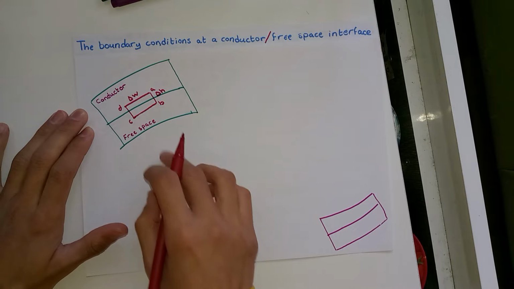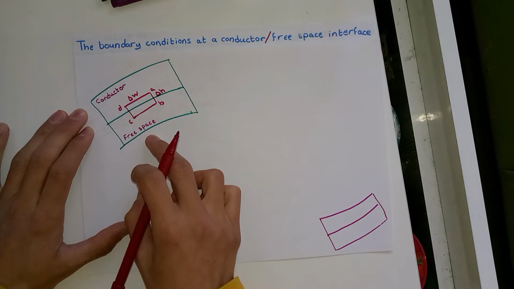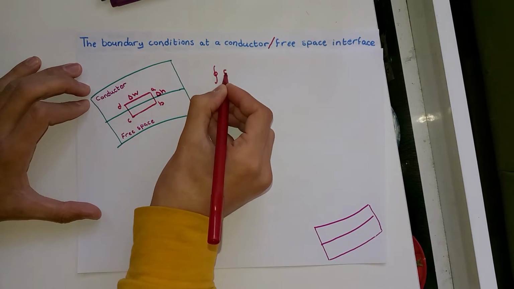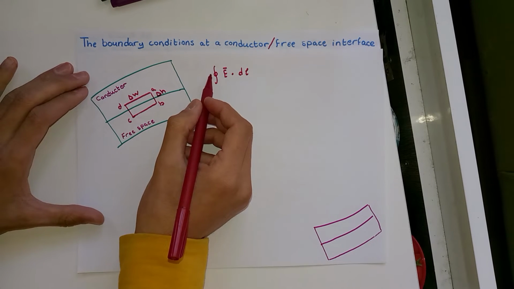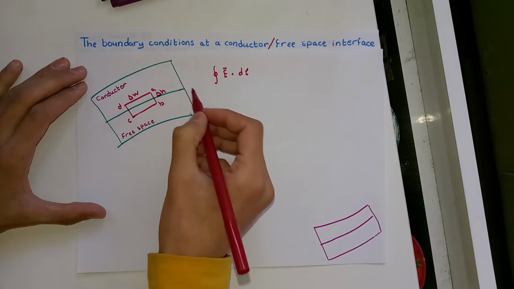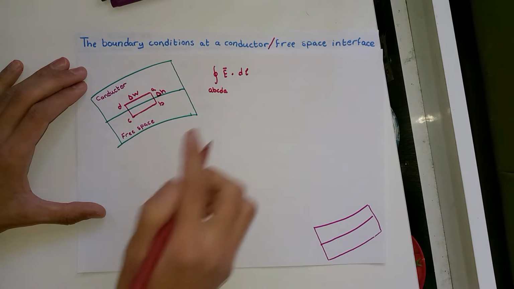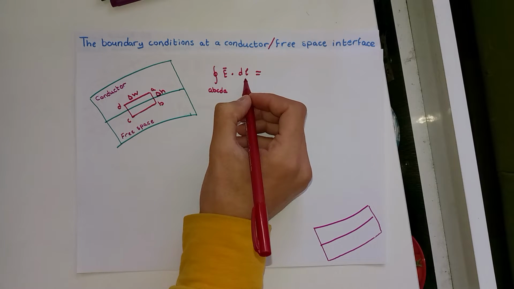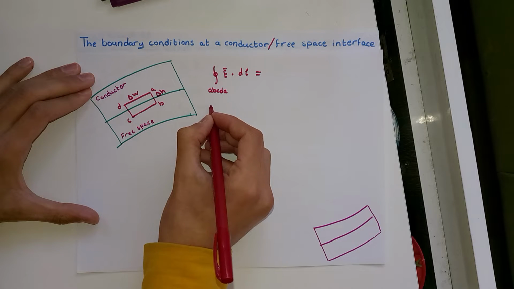I'm going to take the integral around this closed contour for the electric field. This circle denotes that the path we are integrating around is closed. What does this line integral yield? Just recall the curl of the electric field.